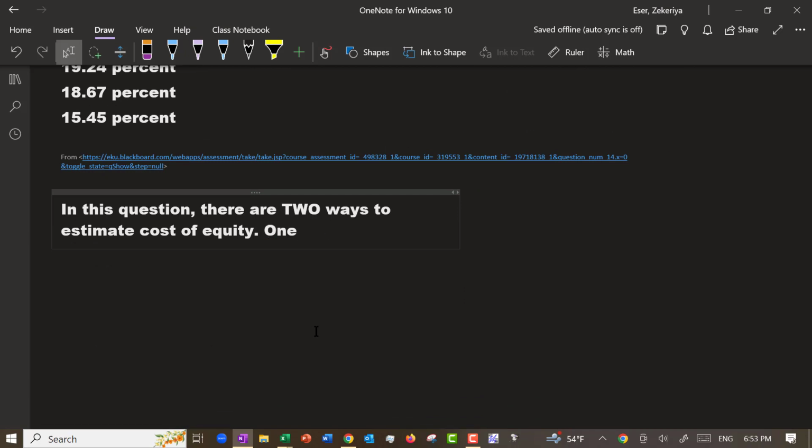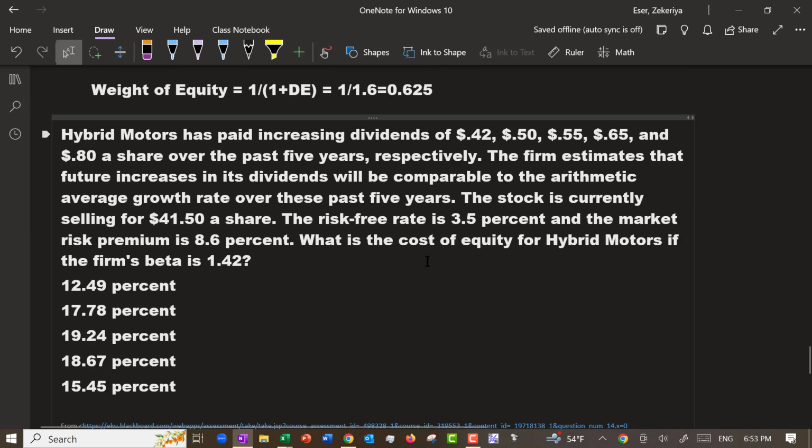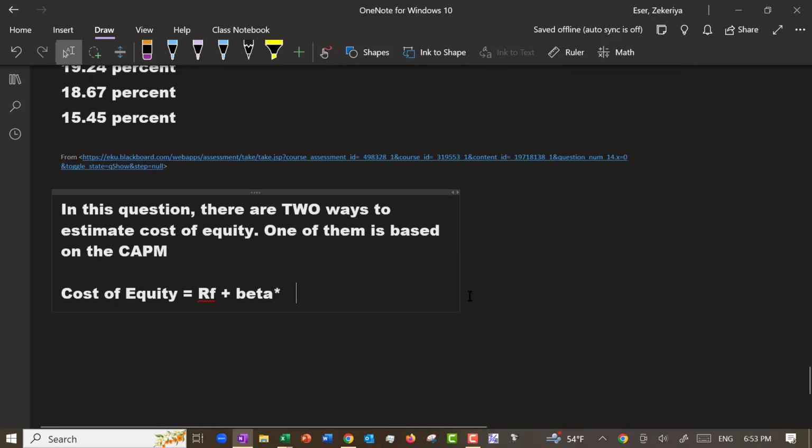One of them is based on CAPM, where cost of equity is risk-free rate plus beta times market risk premium.